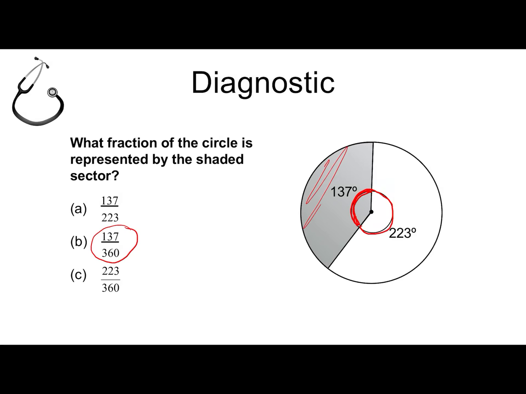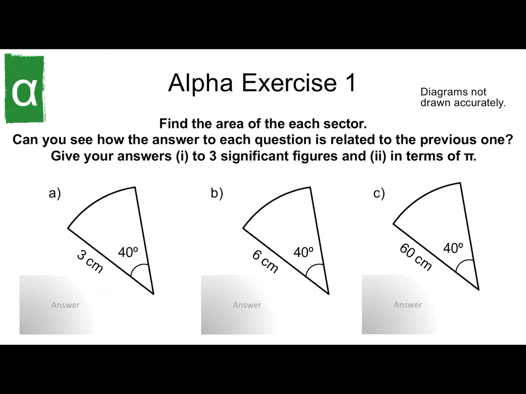So basically the shaded area, we can see that as 137 360ths of an entire circle. What fraction of the circle is represented by the unshaded sector? Well, obviously that's going to be that one, isn't it? The major sector is 223 360ths of an entire circle.